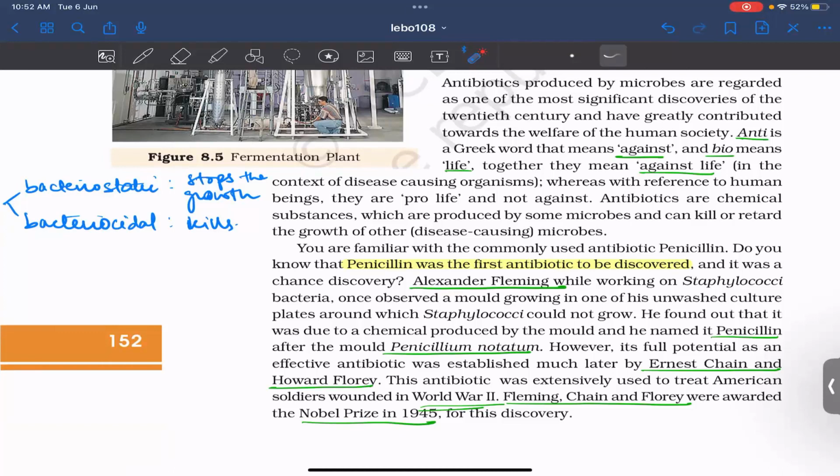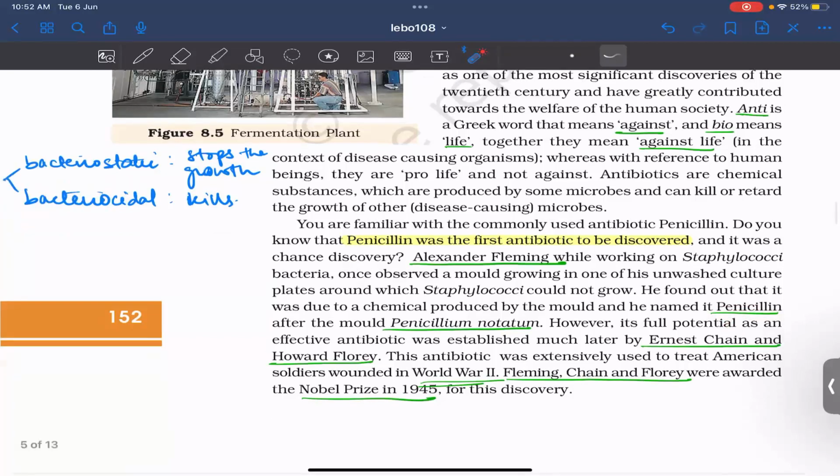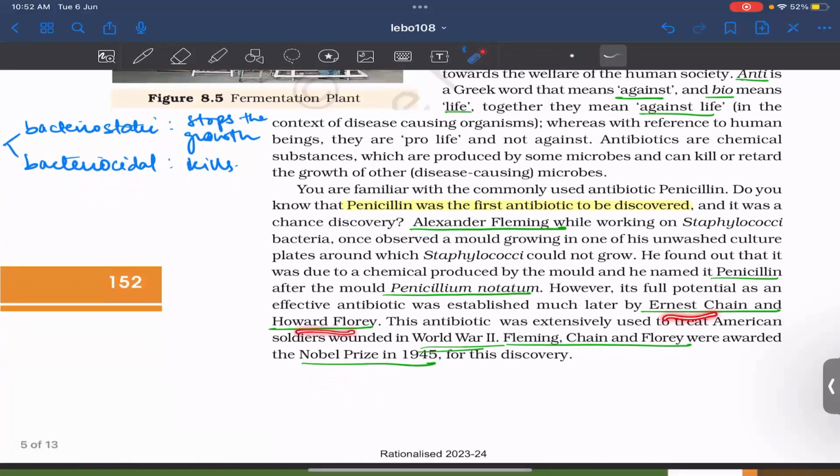He noticed that nearby there was penicillium growing, which was producing penicillin. Hence, there was discovery of the antibiotic. But its full potential was established by Ernst Chain and Howard Florey. During World War II, it was extensively used. Fleming, Chain and Florey received the Nobel Prize in 1945, and you need to remember this too.